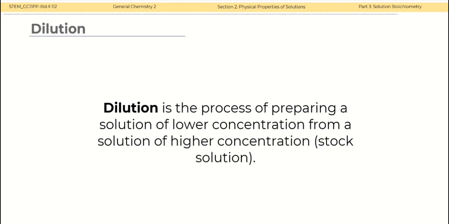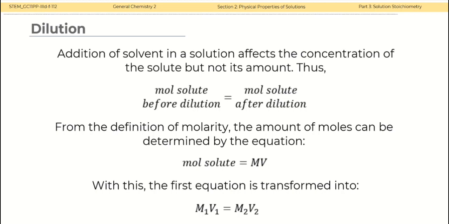Dilution is a process of preparing a solution of lower concentration from a solution of higher concentration, which is called a stock solution. Addition of solvent in a solution affects the concentration of the solute but not its amount. Thus, moles of solute before dilution equals moles of solute after dilution.